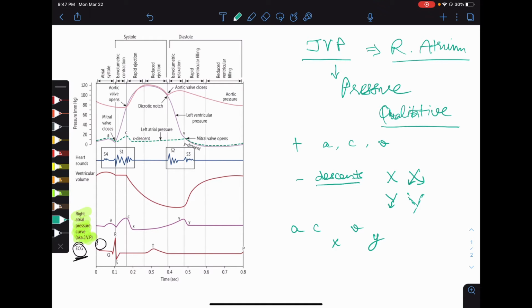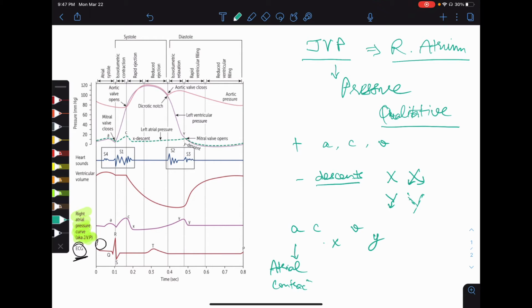A, C, V are positive waves, meaning the atrial pressure is high, and X and Y mean the atrium is going into relaxation, the pressure is dropping down. So to remember this, A you will call simply atrial contraction.